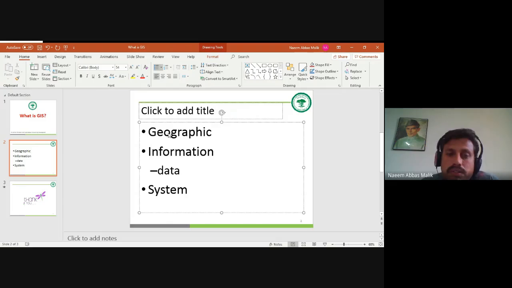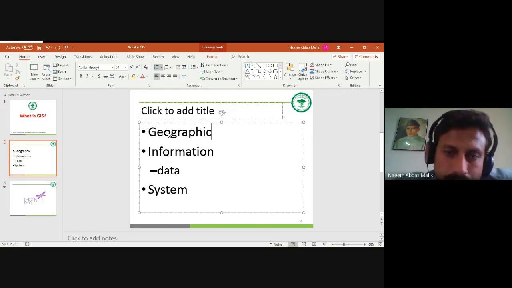So we have now discussed all three words that make up geographic information system. Now I take two words, information and system. What is an information system?